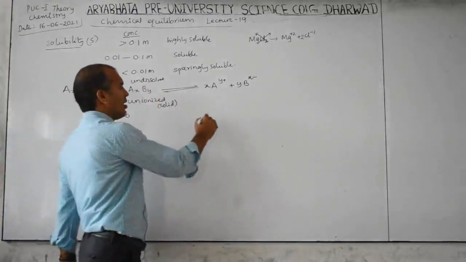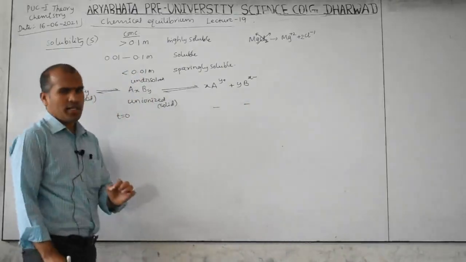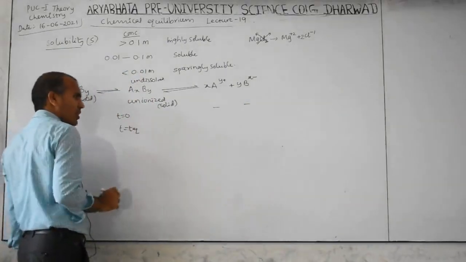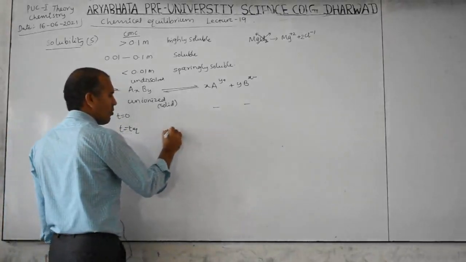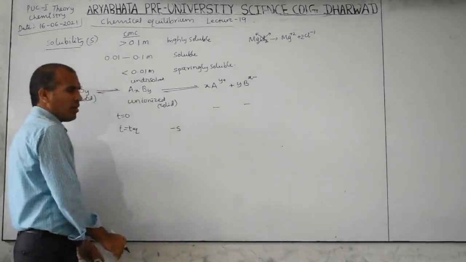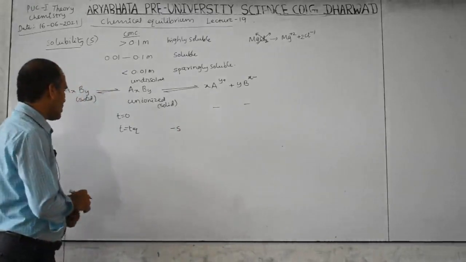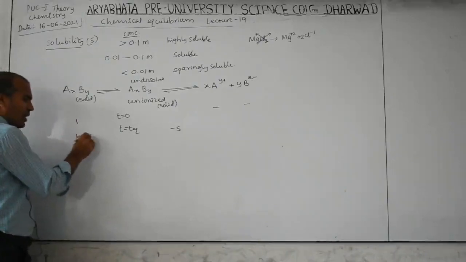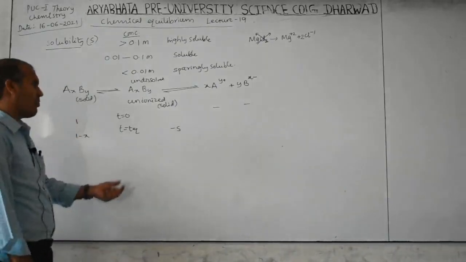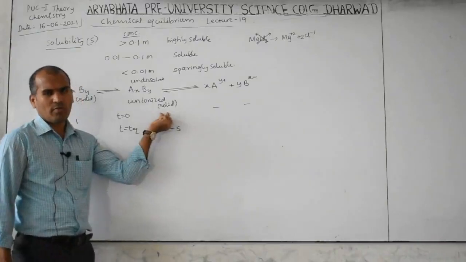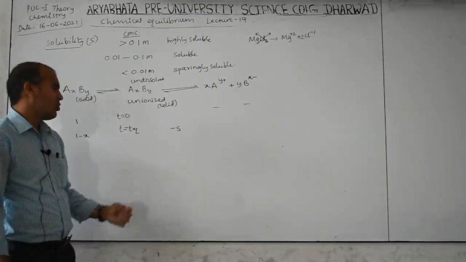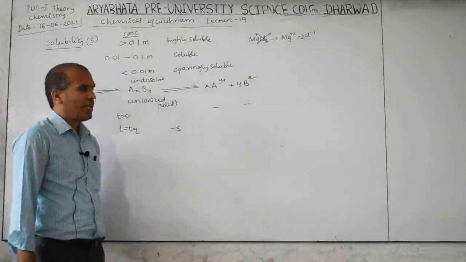And then here there is no concentration at initial time. At T equal to equilibrium time, here this is minus S. Before, in other cases, how it is represented: if 1 is there, it means 1 minus X, like this it is represented. Here, first only the insoluble form is there, therefore this representation is not suitable for this type of explanation.